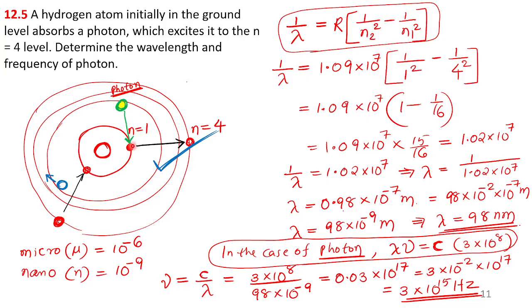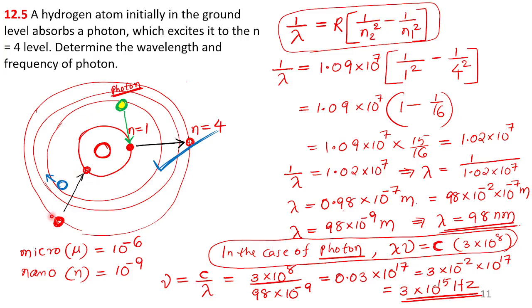If it absorbs certain radiation, if it absorbs a photon, it gains energy. The electron in the ground state absorbs a photon, then it gains energy. If it gains energy, naturally it jumps to a higher energy state. So it is a reverse process.